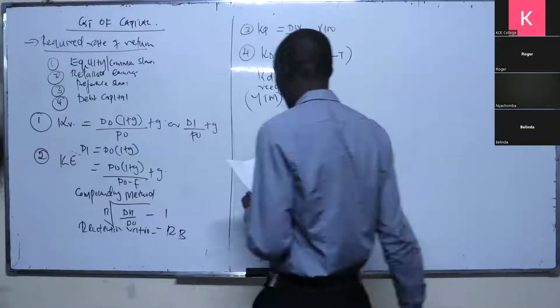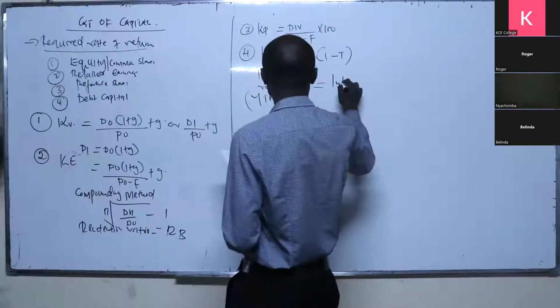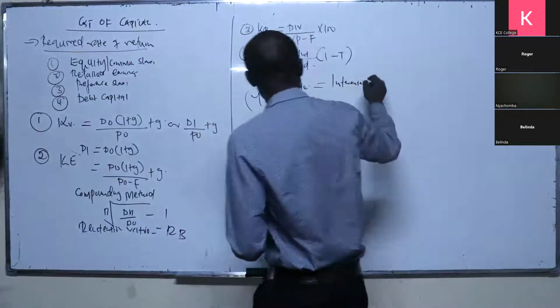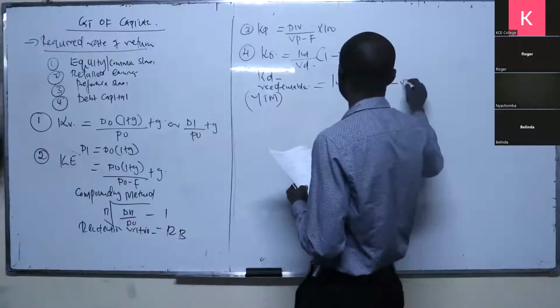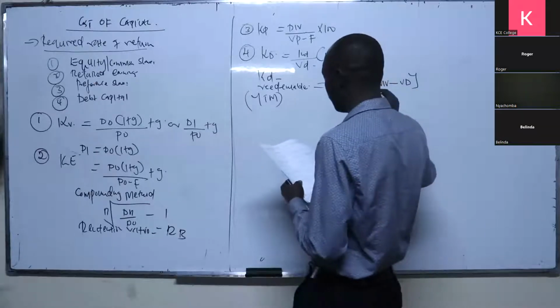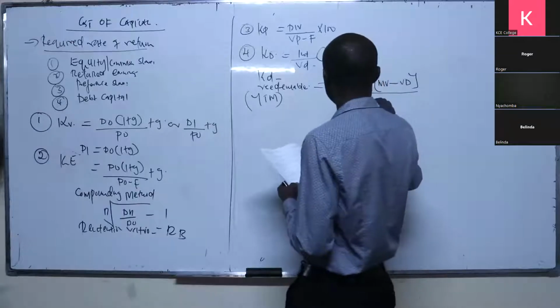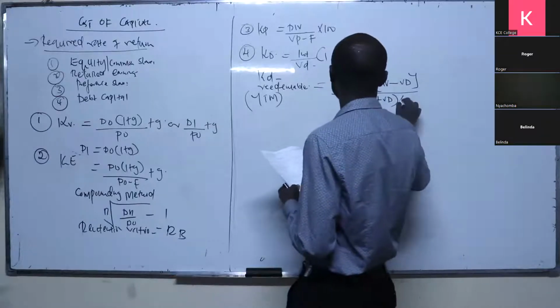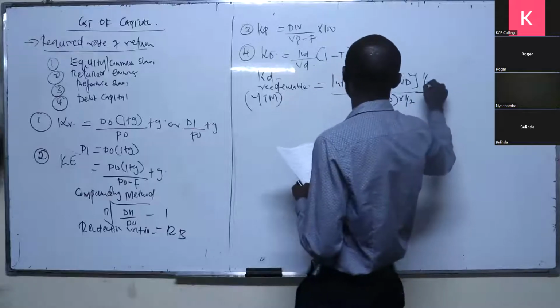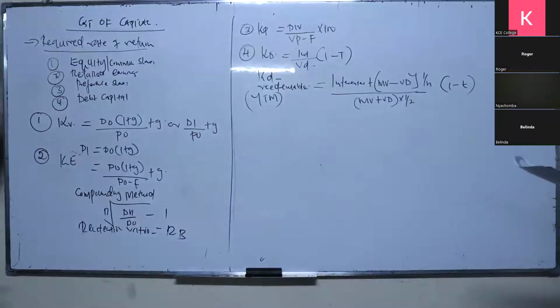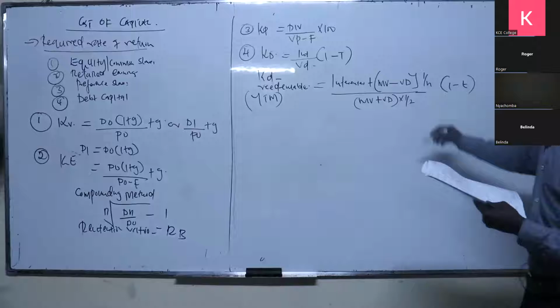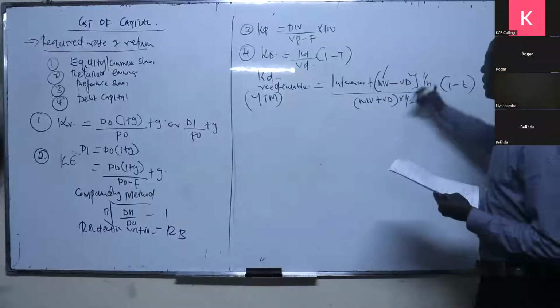So for this one, the formula is interest plus, in bracket, MV, that is market value, minus VD, that is par value, over MV plus VD, you multiply by a half, and then this is 1 over N, then 1 minus T. So this is MV, the market value, and this is VD, the par value or the book value.